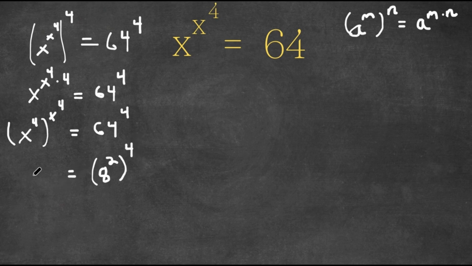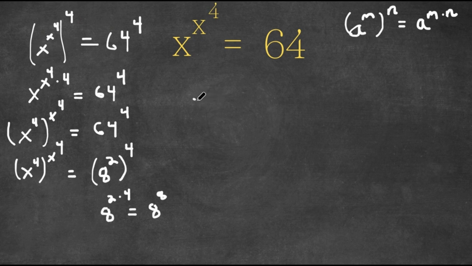And this is still equal to x to the power of 4 to the power of x to the power of 4. Now remember this property: if we have a to the power of m to the power of n, this is equal to a to the power of m times n. So 8 to the power of 2 to the power of 4 is equal to 8 to the power of 2 times 4, which is 8 to the power of 8.